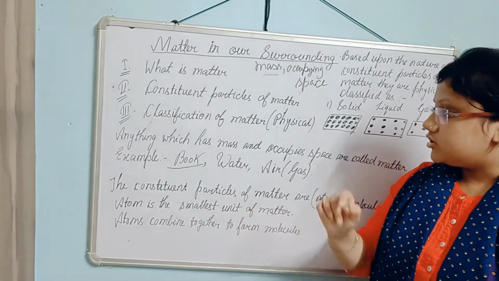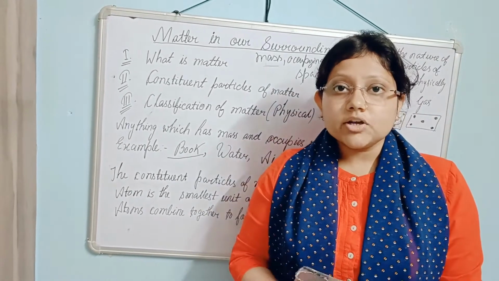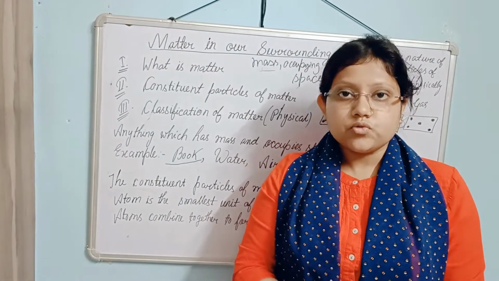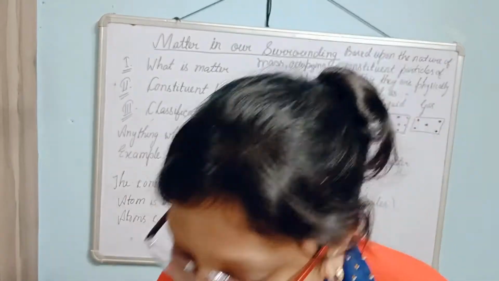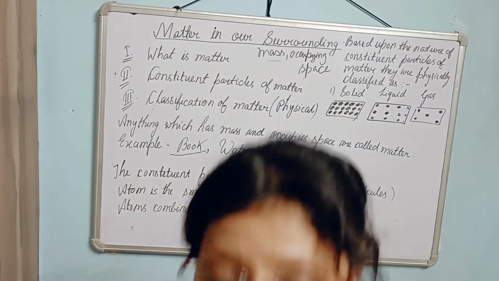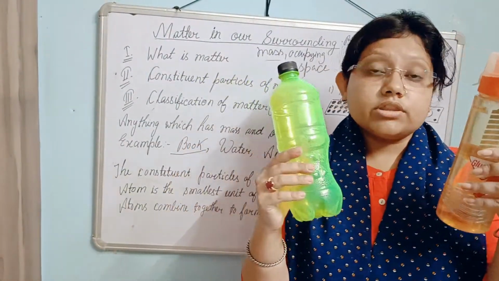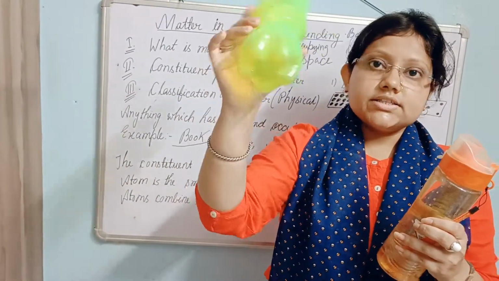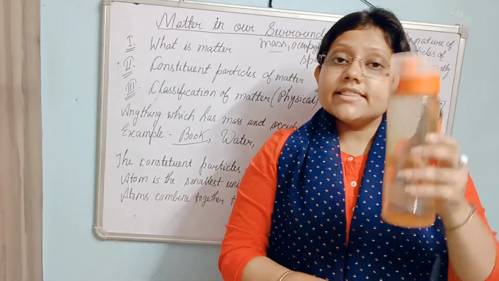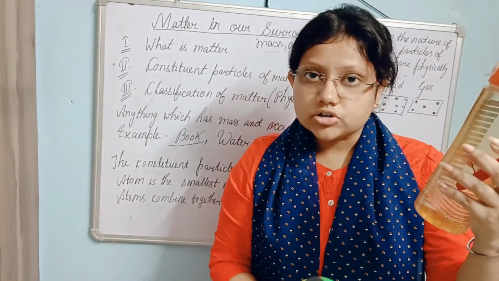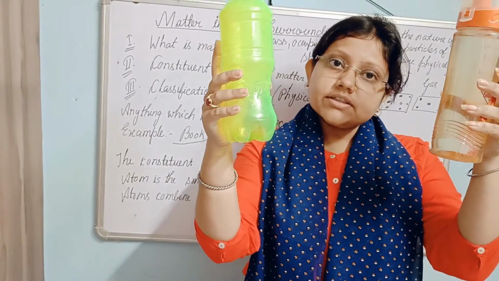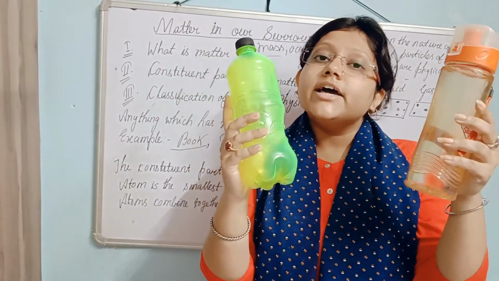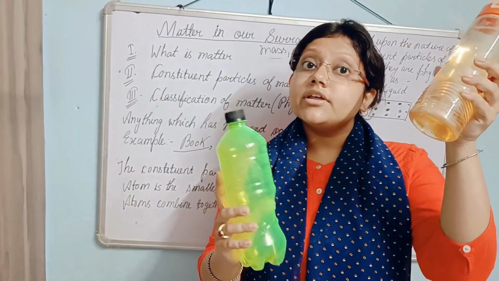Same goes with the water. We will do another experiment to understand how we can say that water is a matter. Take two bottles in both the hands. One bottle is empty, as you can see. It doesn't consist of any water, and this bottle is full of water. Can you feel the difference in the weight of both the hands? Definitely you will feel some weight in the left hand.